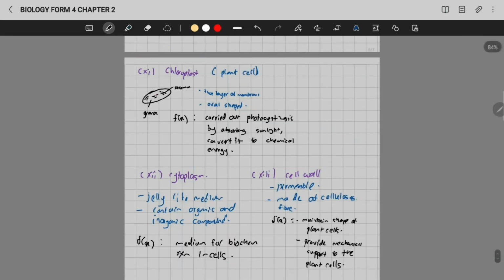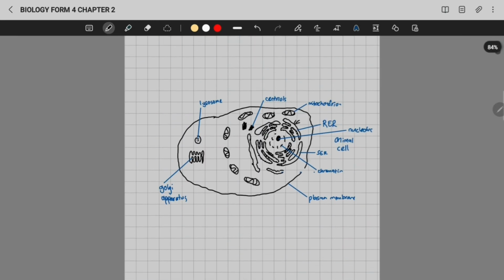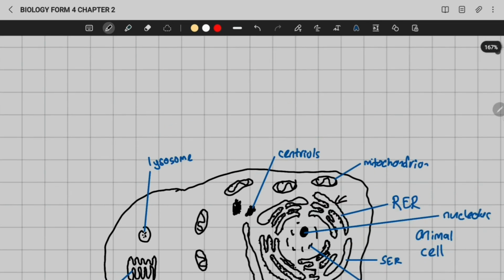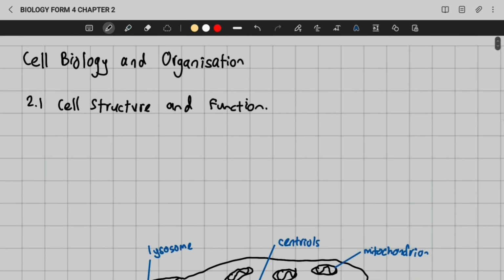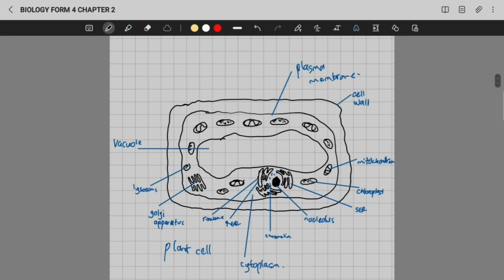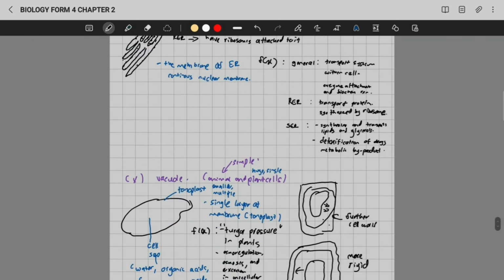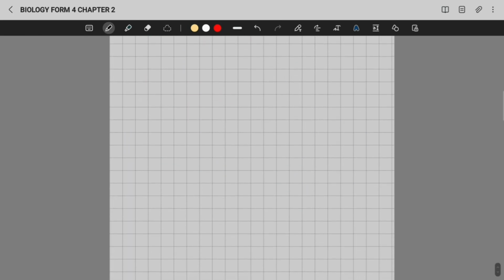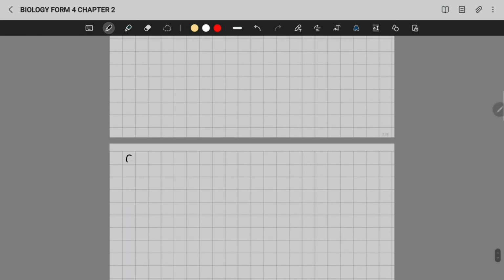Yay! You complete the 2.1. But I don't think that I will end here. There are some more content that I think you need to know, in which the comparison between the plant cell and the animal cell.